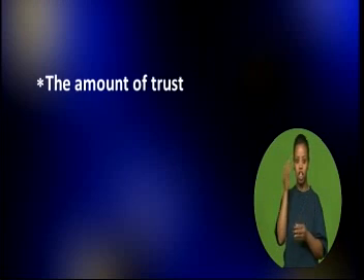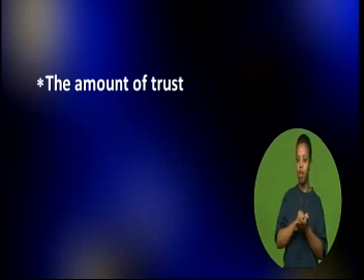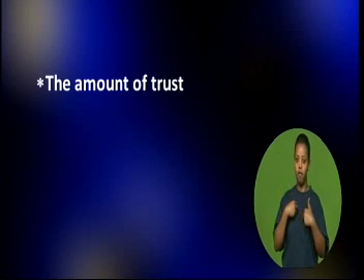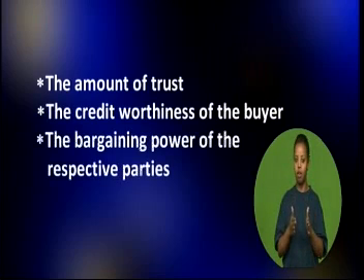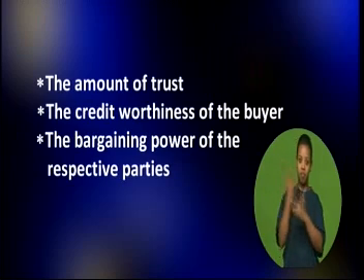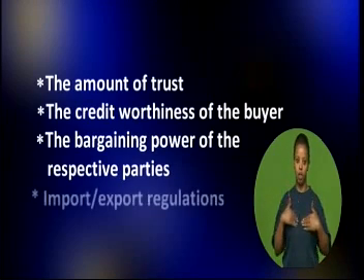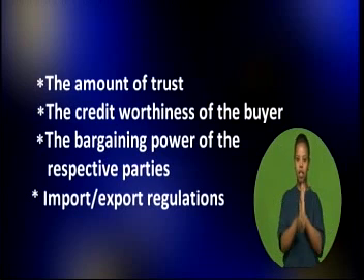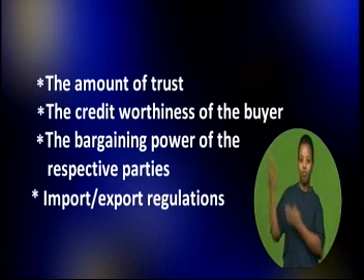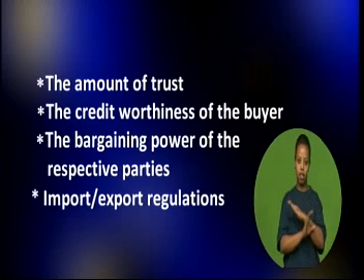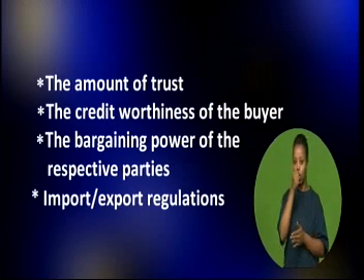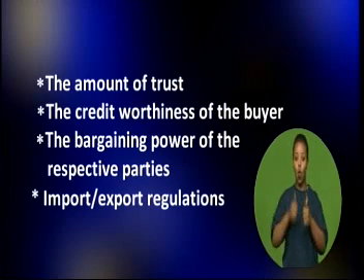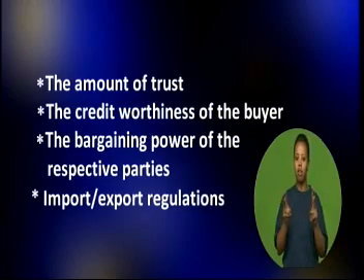Factors include the amount of trust that the exporter and importer have in each other, the creditworthiness of the buyer, the bargaining power of the respective parties, conditions imposed by a third party, for example a credit insurer, and import or export regulations in certain countries. However, the most commonly used payment method in Ethiopia is letter of credit, which is criticized as being very cumbersome.